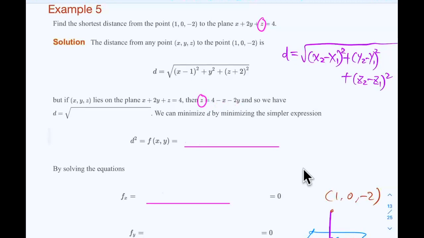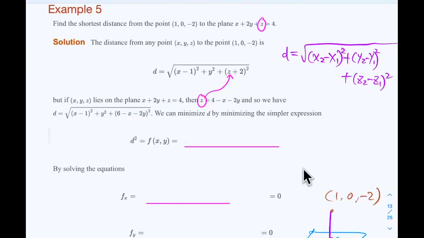Then we replace the z by this expression in x and y, so we have the distance in terms of x and y only. We know how to use second derivative tests to find the extreme value for a function of 2 variables, but not 3, so we eliminate z.